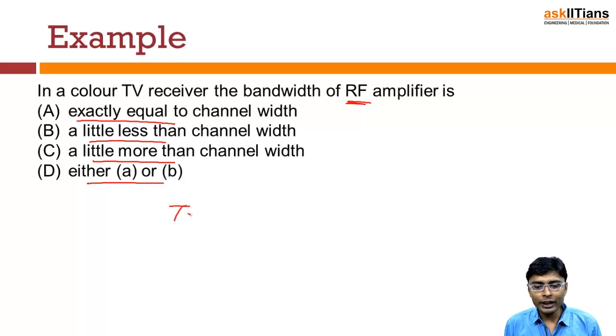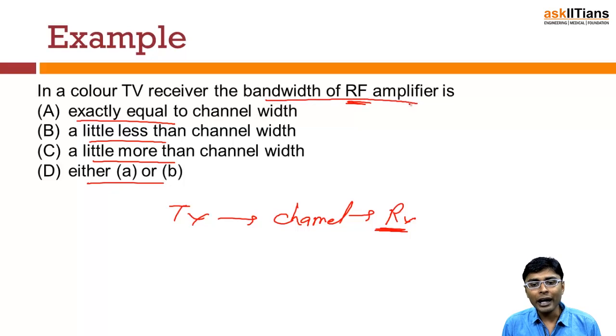We have seen that we have a transmitter, a channel, and a receiver. The receiver will receive the signal from the channel. Now, what should be the bandwidth of the RF amplifier? Should it be equal to the channel width, less than, or more than?